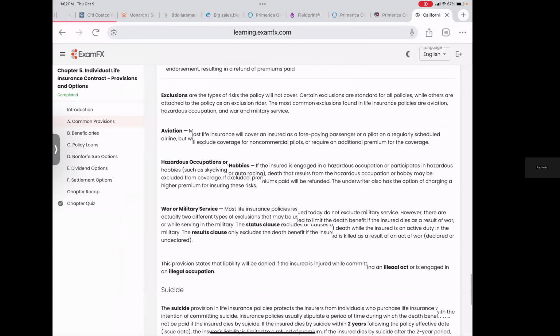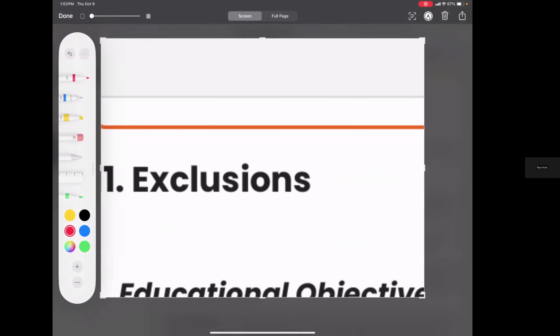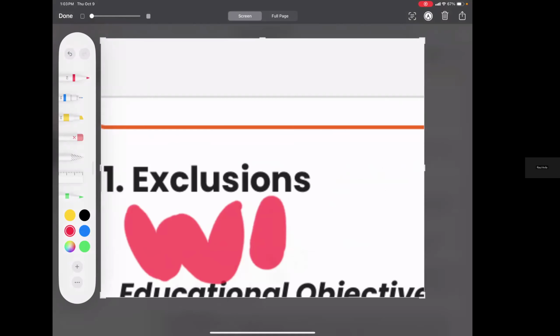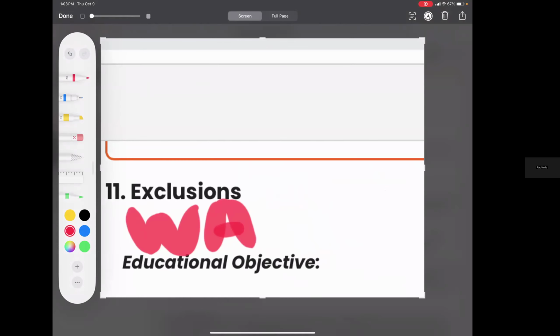Exclusions. Exclusion means that it will not pay based on these things. One easy way to remember exclusions is the word WASH.